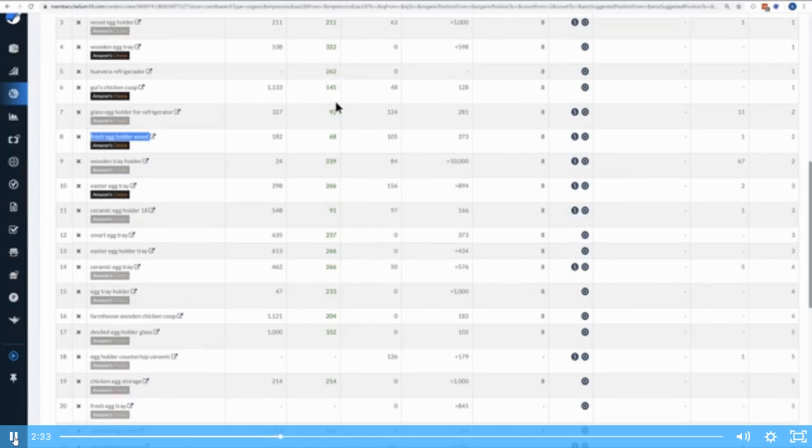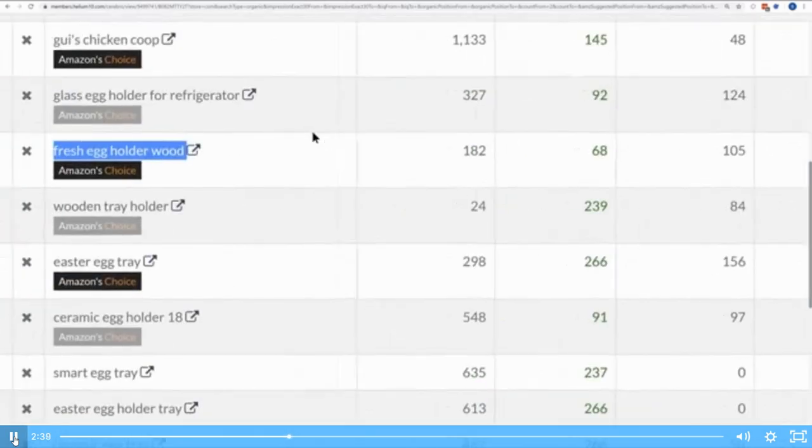Well, think about this. Fresh egg holder wood. If only 68 people are searching for that per month, approximately one or two a day, do you really think there's much potential to get tons of sales on this keyword? No, it's not a bad keyword. It's probably important for your listing, but I wouldn't put too much effort into a keyword that's only going to be searched for one or two times a day.